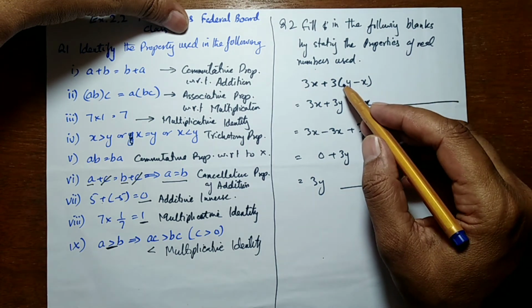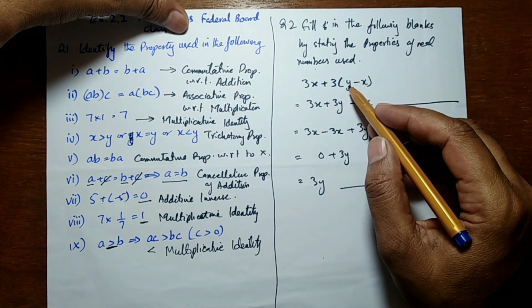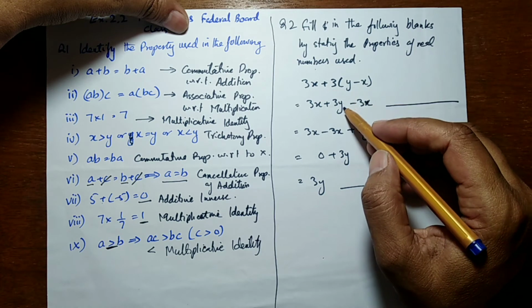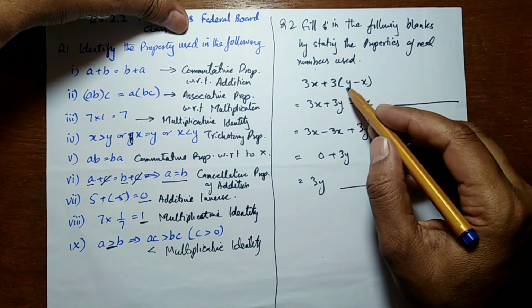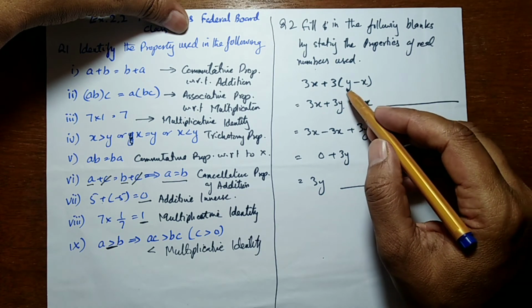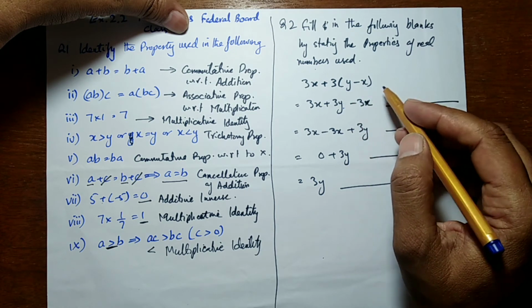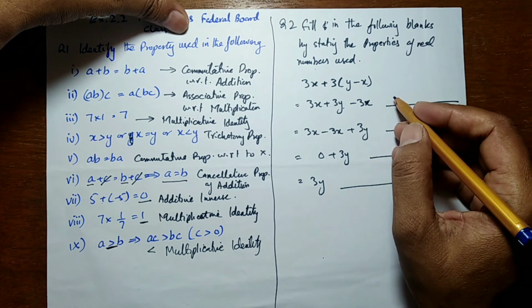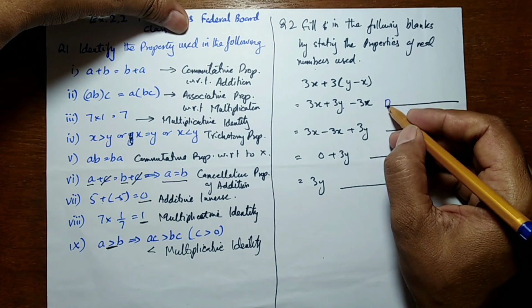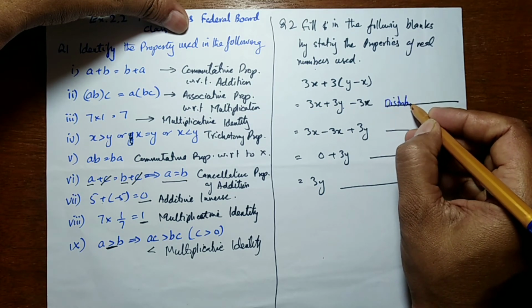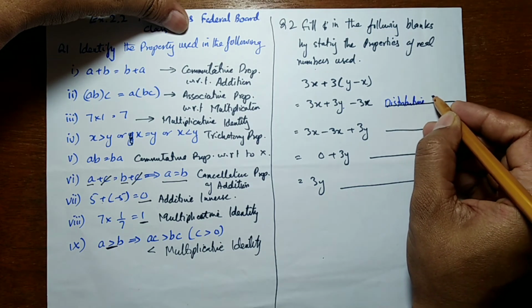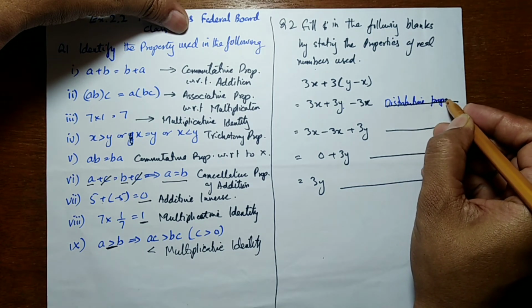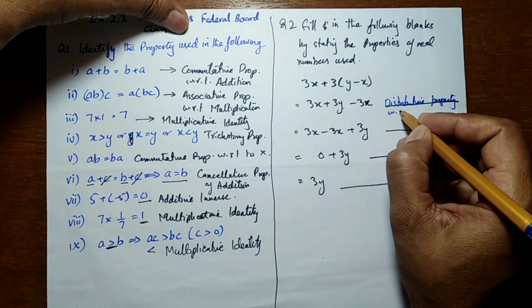So if you see 3 is multiplied with y and also with x, means we have removed this bracket and expanded the expression. So this way of expansion is called distributive property with respect to multiplication.